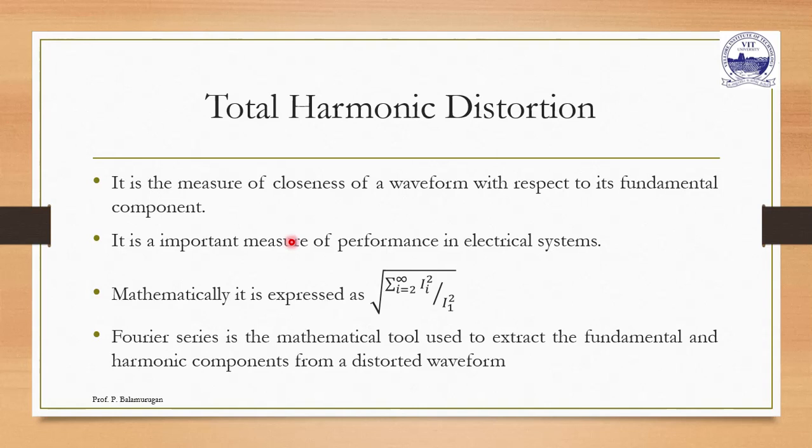Mathematically this is expressed as the square root of summation i equal to 2 to infinity I_i square divided by I_1 square, where I_i is the RMS magnitude of the ith harmonic component, and I_1 is the RMS magnitude of the fundamental component. This definition holds good for both voltage and current.